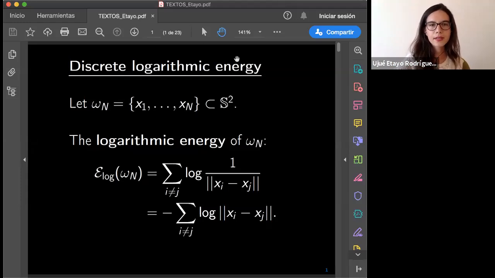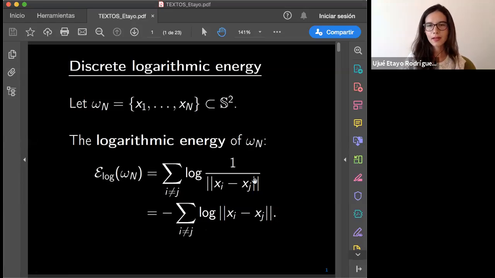Given that, the logarithmic energy of a set of points, omega N, is just the sum of the logarithm of the inverse of the distance between every pair of different points. That's the main definition. Of course, you know the properties of the logarithm, so we can take out a minus sign, and then we have the logarithm of the distance of the points.